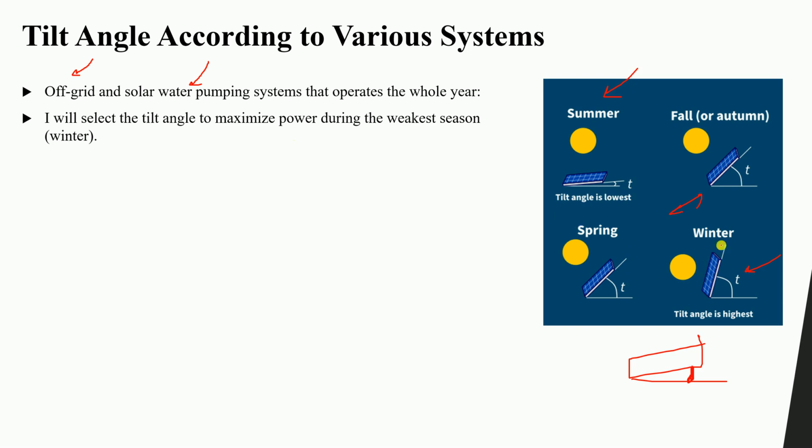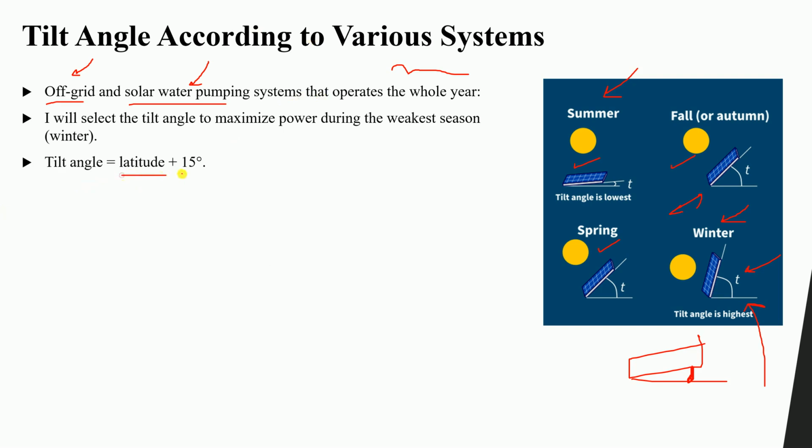Now remember that winter is the worst season. Summer has a good amount of energy, fall, spring. However, winter is the worst. That's why, since I am installing an off-grid system or a solar water pump system that operates the whole year, I will select the tilt angle that is suitable for the worst case, which means I'm going to select the angle as latitude plus 15 degrees.